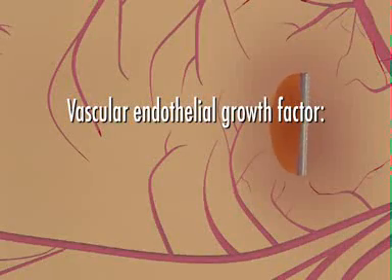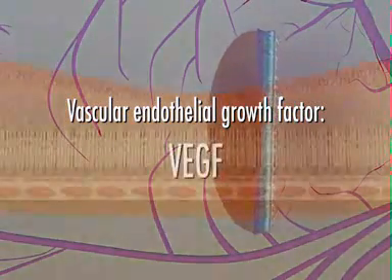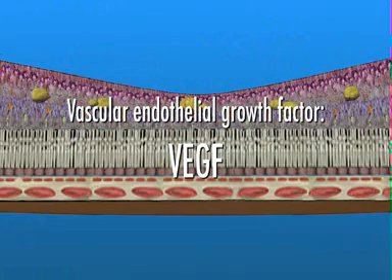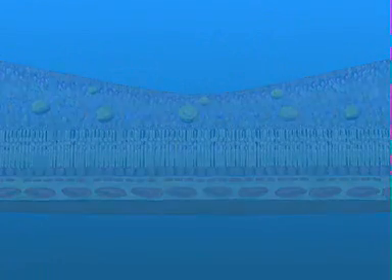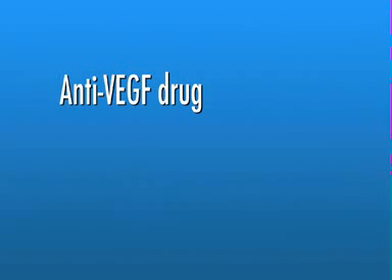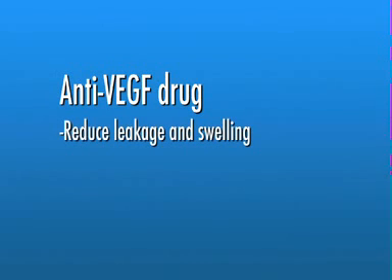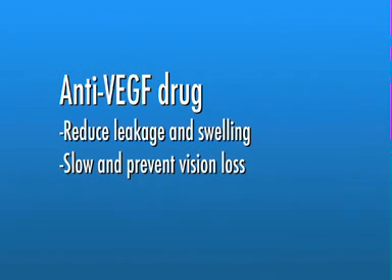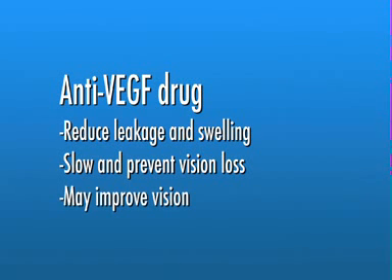This chemical, called vascular endothelial growth factor, or VEGF, appears to play a role in causing abnormal leakage from retinal vessels. Several drugs have been developed that can block the trouble-causing VEGF. An anti-VEGF drug can help reduce leakage and swelling within the retina, which helps to slow or prevent vision loss, and in some cases, even improve vision.